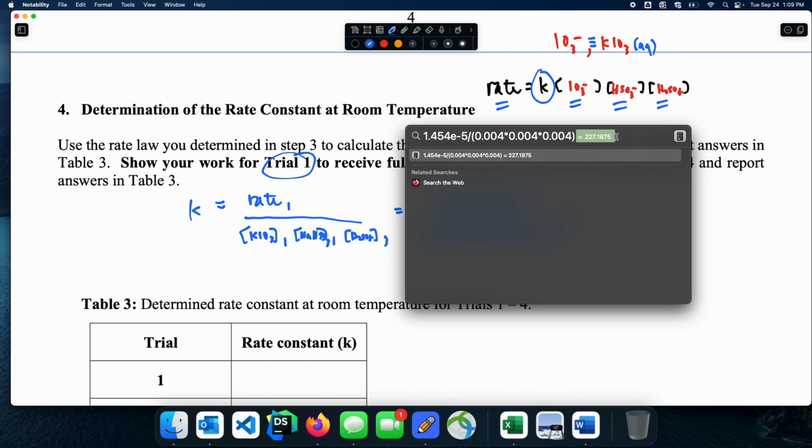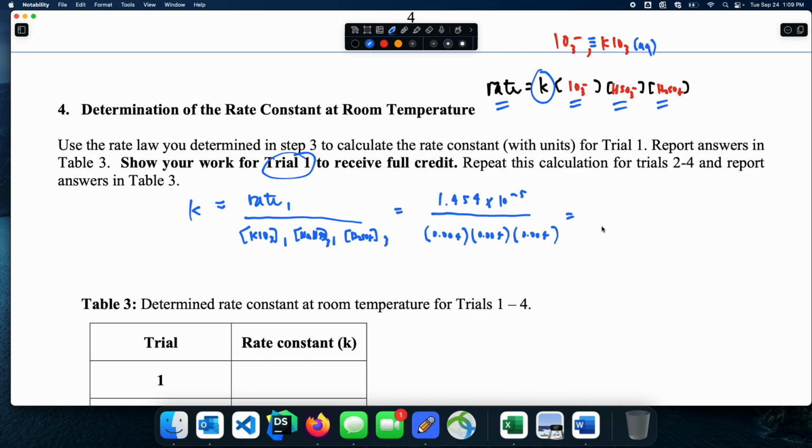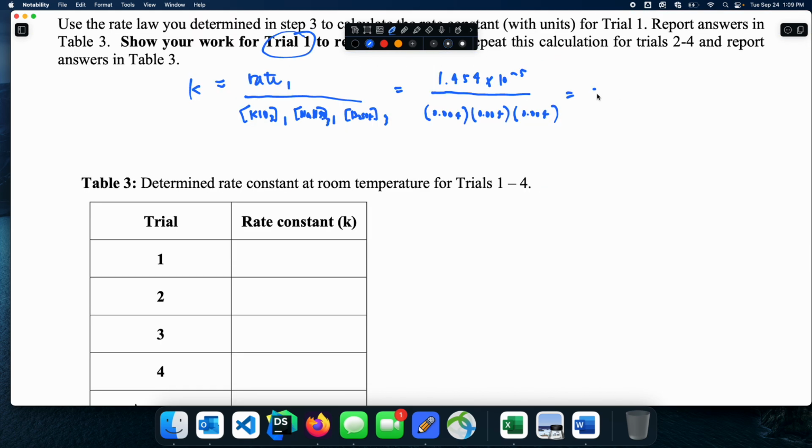And so this is going to give me 227.19. And that's a k, and this was molars per second, and this is molars, molars, molars, that's molars cubed. So it looks like it's going to be molars minus 2, seconds minus 1. Not that it really matters, but maybe a future question is going to ask about that. But for now, let's put that in there.